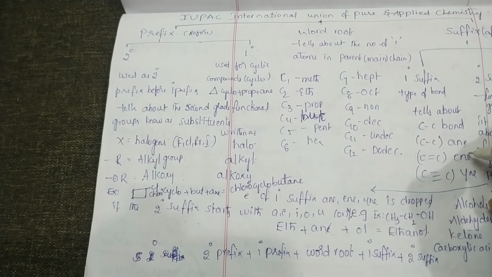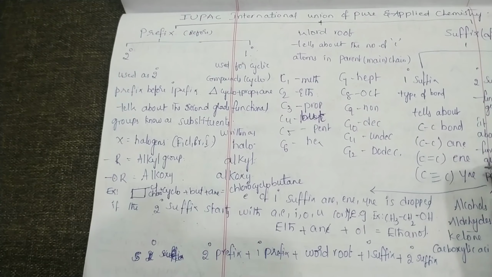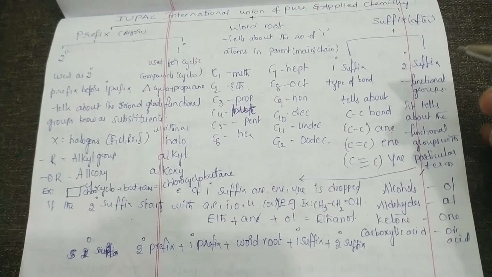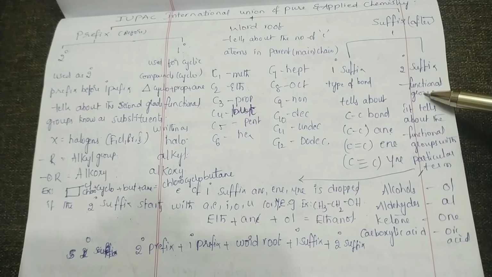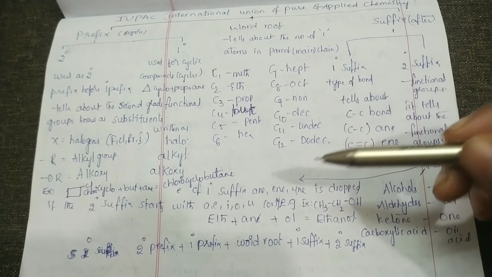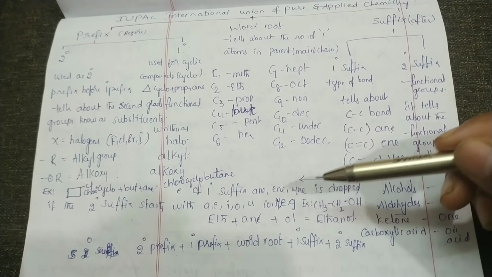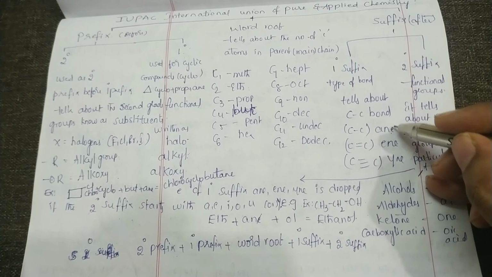The e of the primary suffix, that is ane, ene, yne, is dropped if the secondary suffix starts with a, e, i, o, u or y. Then we drop this e.